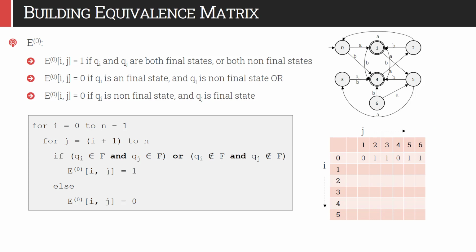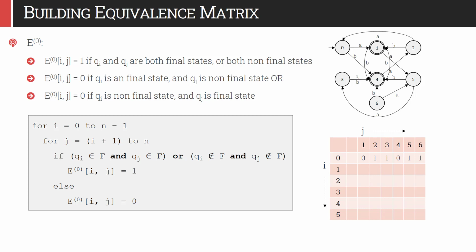To construct the equivalence matrix, we have to check all the possible pairs, that is states 0, 1, 0, 2, 0, 3 up to 0, 6, then 1, 2, 1, 3, 1, 4 up to 1, 6. Similarly 2, 3, 2, 4 and so on, because we only have to construct the upper triangle. State 0 and 1 first we have to evaluate. State 0 is a non-final state, 1 is a final state, so they are in different sets. So we set E0 of 0, 1 as 0.